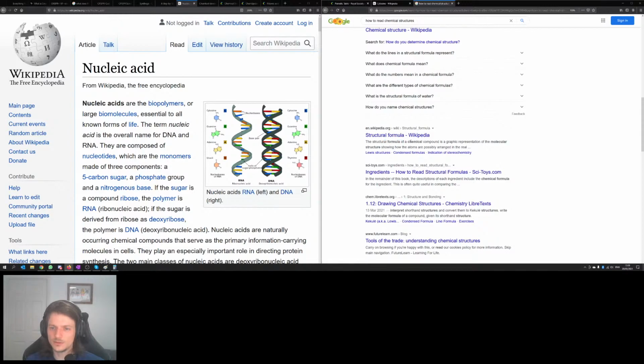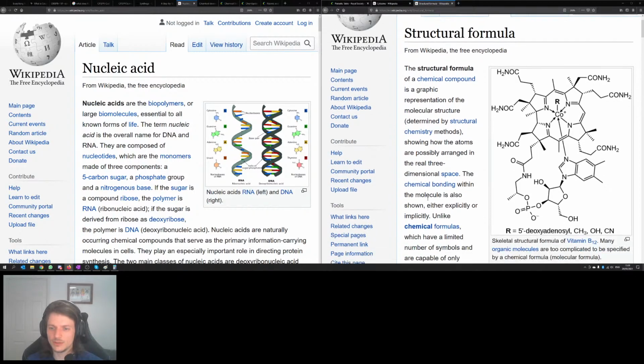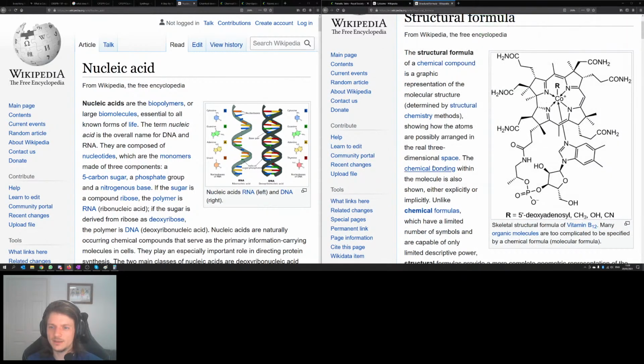Structural formula. The structural formula of a chemical compound is a graphic representation of the molecular structure determined by structural chemistry methods, showing how the atoms are possibly arranged in the real three-dimensional space. The chemical bonding within the molecule is also shown, either explicitly or implicitly.